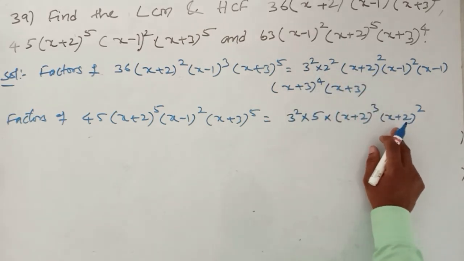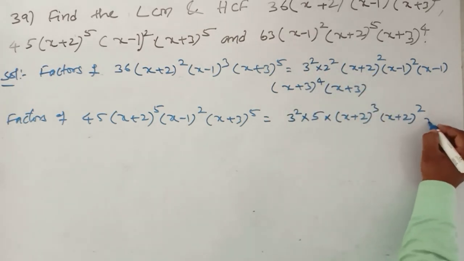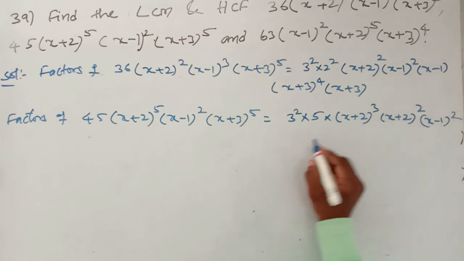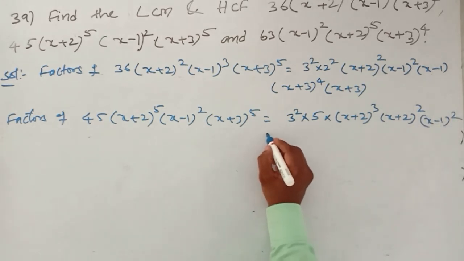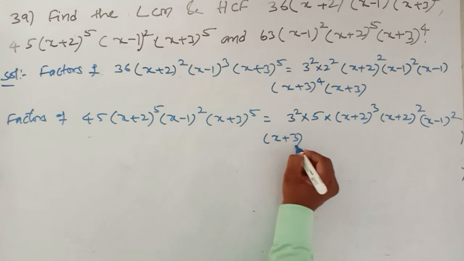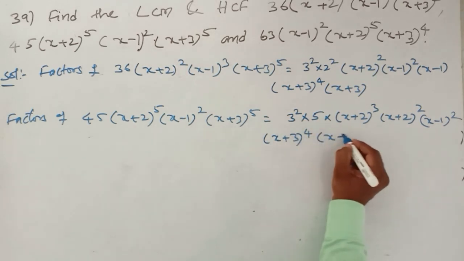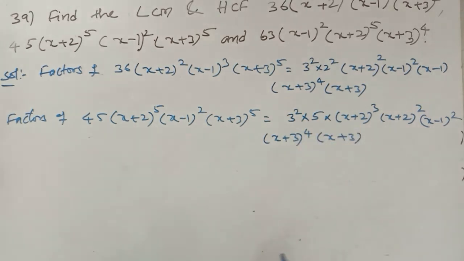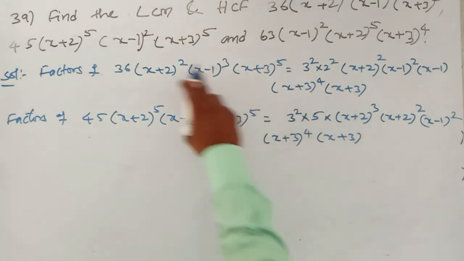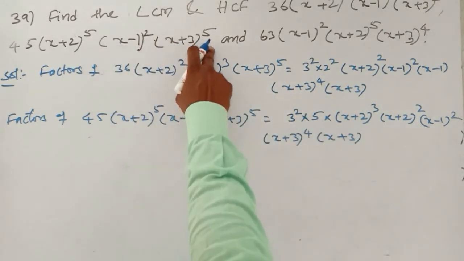So for that common sake I am doing here. And next is (x-1)^2 into (x+3)^4 into (x+3). So total 4 plus 1 is 5. So I got (x+3)^5.